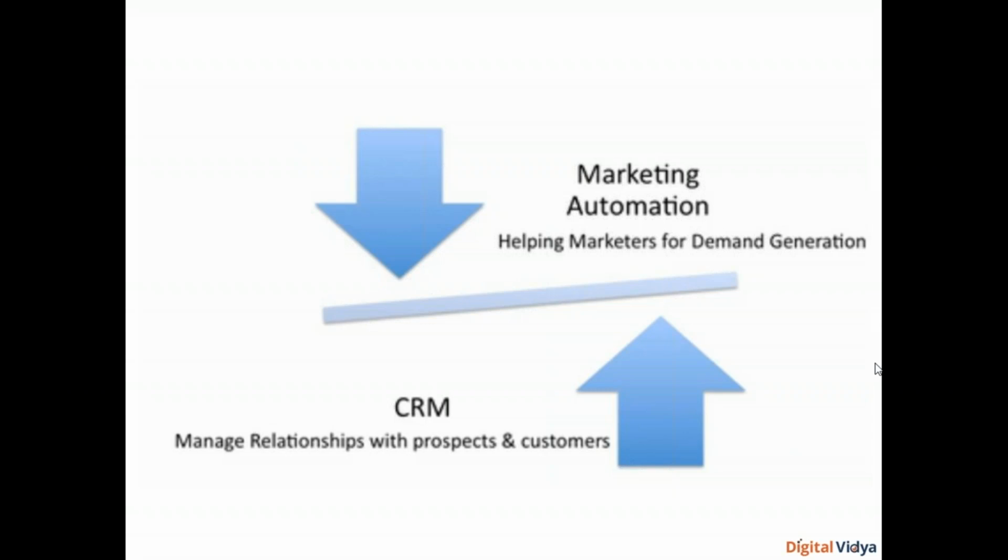And marketing automation platform has a close integration with CRM platform. So automation works closely with CRM. CRM is a platform that holds all your customers and prospect data, and CRM is used by sales teams.